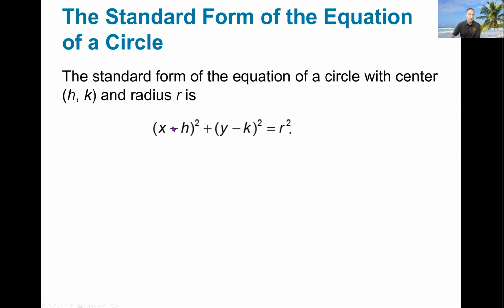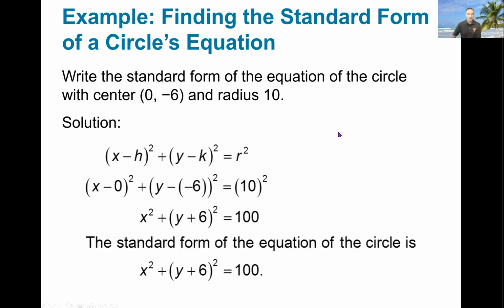So please remember, you're always going to do the opposite of the sign whenever it's in with the variable inside of the function. So in this case, if the x component is at h units, then I'll subtract h in with the x value squared. And if it's k units up, then it's going to be y minus k quantity squared, and that's set equal to your radius squared.